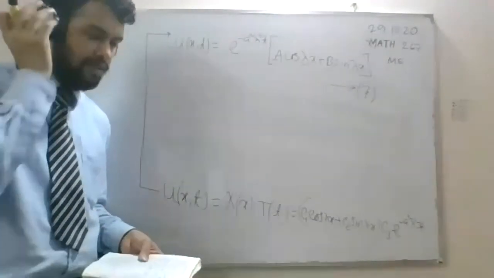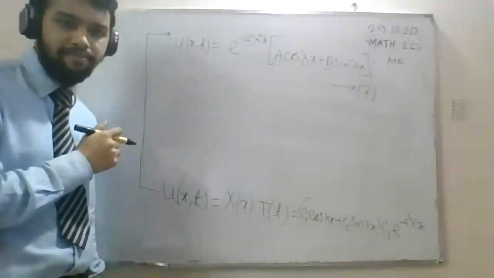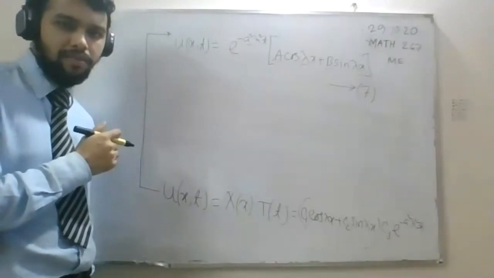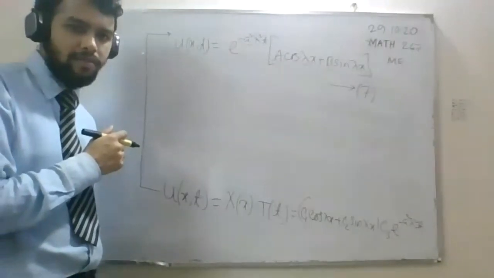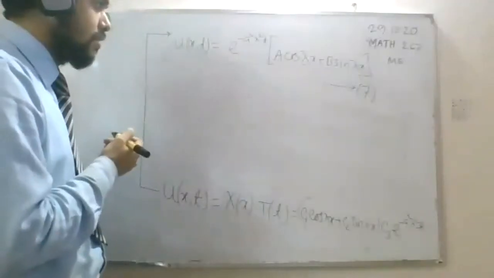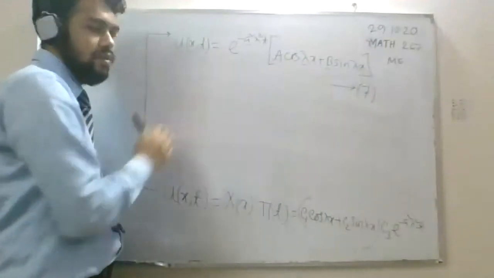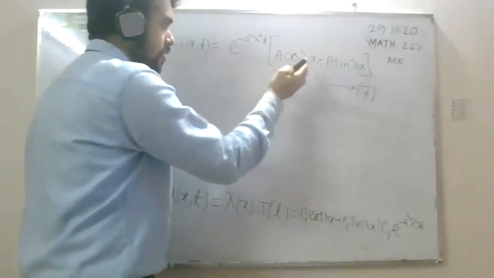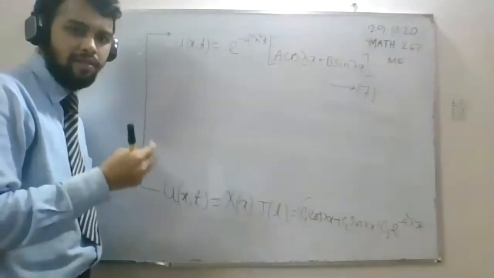Can anyone please tell me how we can get the solution from here? You have to convert these constant terms into numerical values.